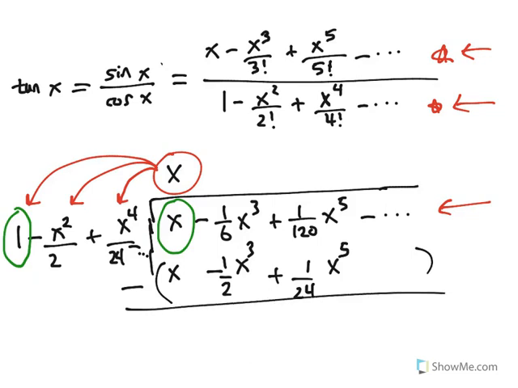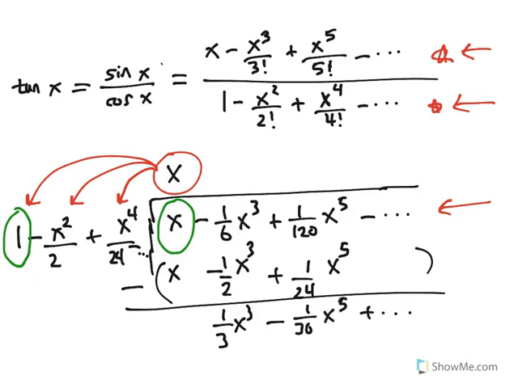So when I subtract, x minus x is 0. And if you subtract negative 1/6 x cubed minus negative 1/2 x cubed, that will give 1/3 x cubed. And then if you subtract 1 over 120 x to the 5th minus 1 over 24 x to the 5th, you'll get minus 1 over 30 x to the 5th.